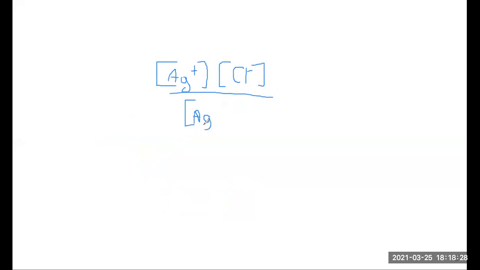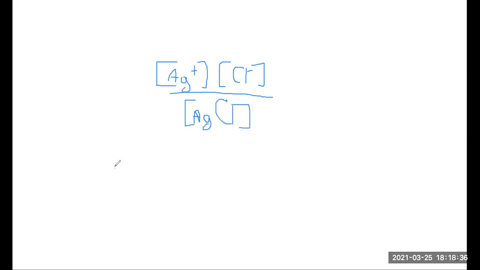All right, so here's my silver. And then I have my chloride. But what we're actually running into here is heterogeneous equilibrium. Okay, because my silver chloride is a solid.